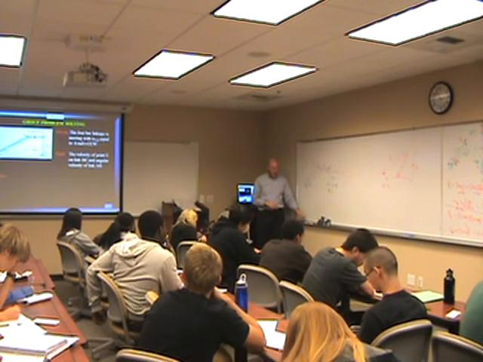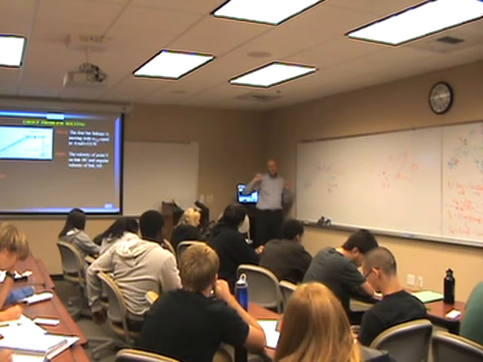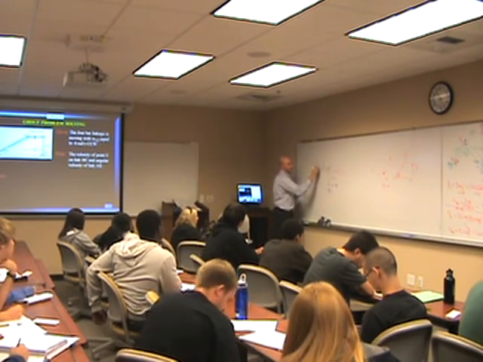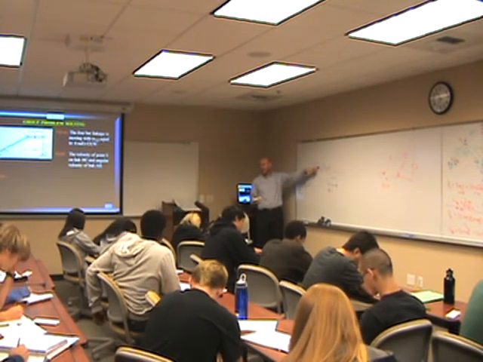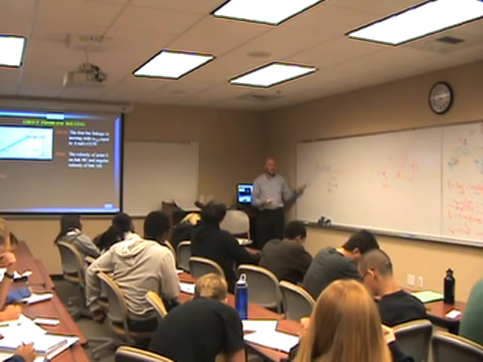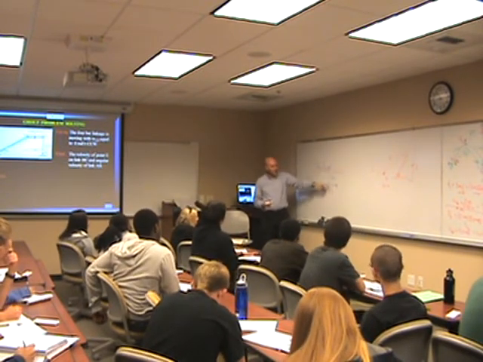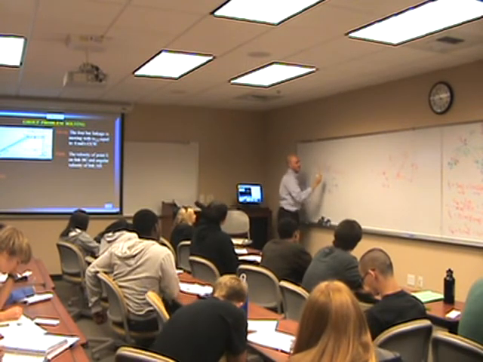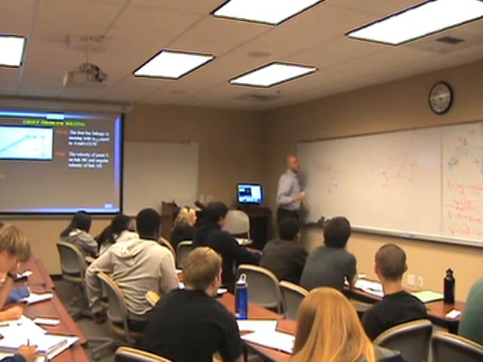So now where is the instant center on link BC? Well, we know it has to be somewhere along perpendicular to here, right, because it's perpendicular to this velocity, or somewhere along this link, because this velocity is perpendicular to this link, and has to be perpendicular to, or along DC, and so this is the instant center on BC.